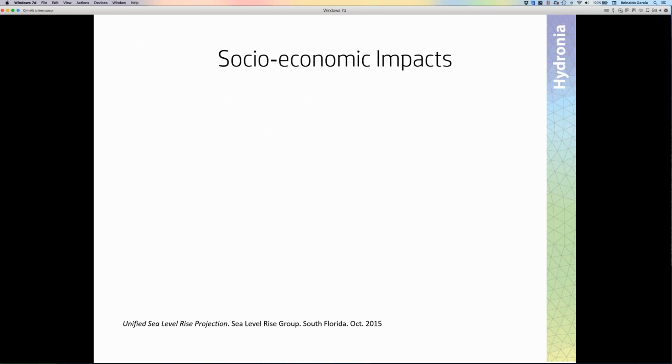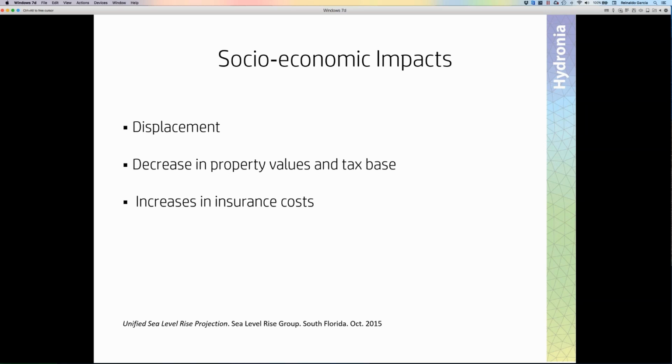There are other socioeconomic impacts: displacing people who need to move out of areas that were available before for urban development, the decrease in property values, and increased insurance costs. All these effects are secondary, not directly related only to sea level rise, but they are also very important.